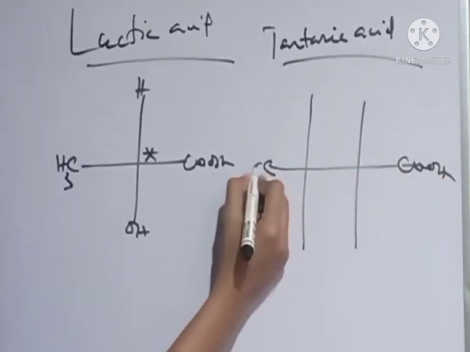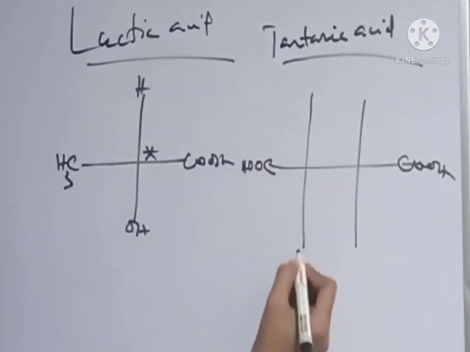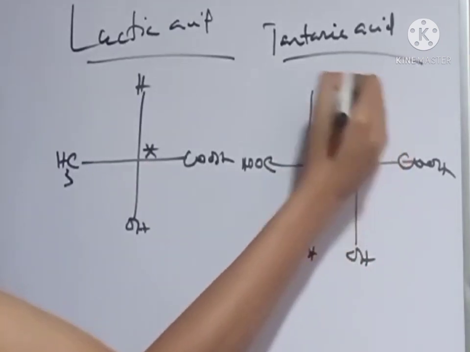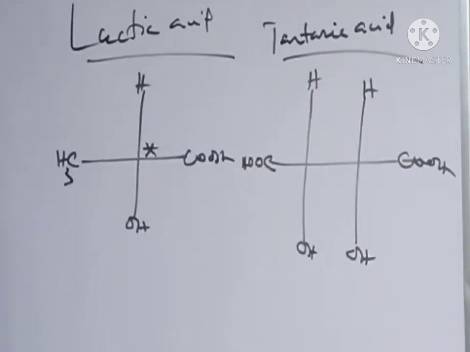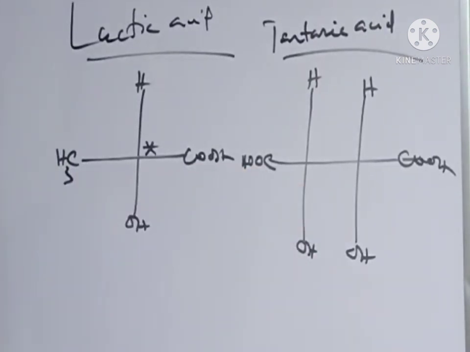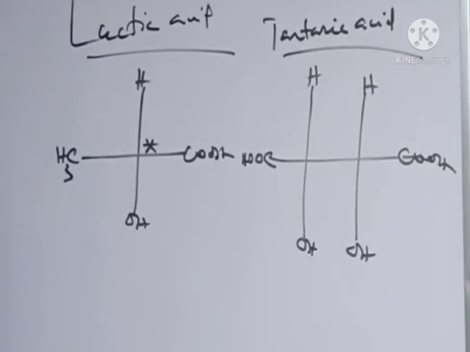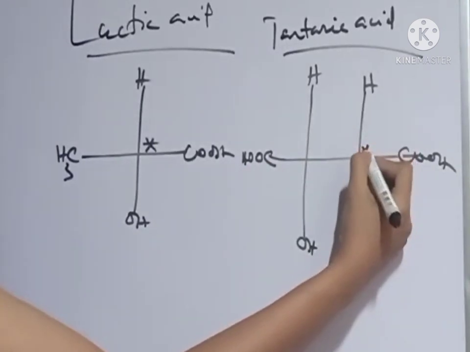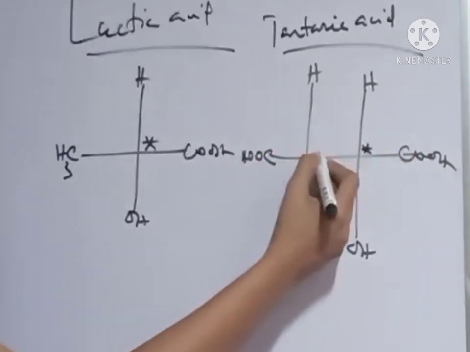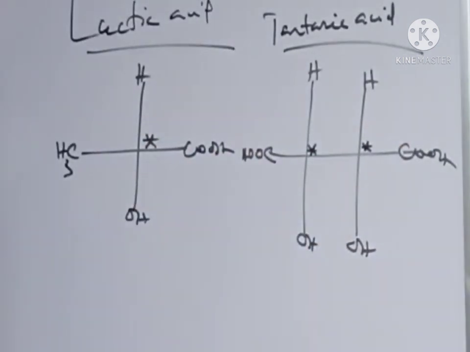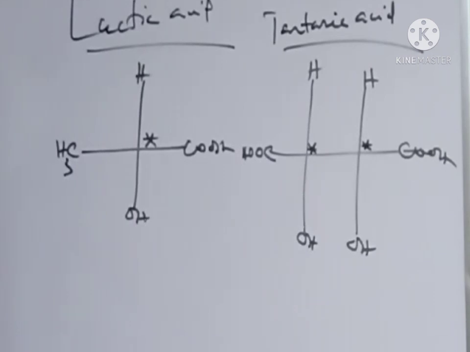One COOH group is there, one OH group is there, one OH is here, one H here, one H. This is the structure of tartaric acid. If you count the number of stereogenic centers, one stereogenic center is here and one is here. The other two carbons are not asymmetric.